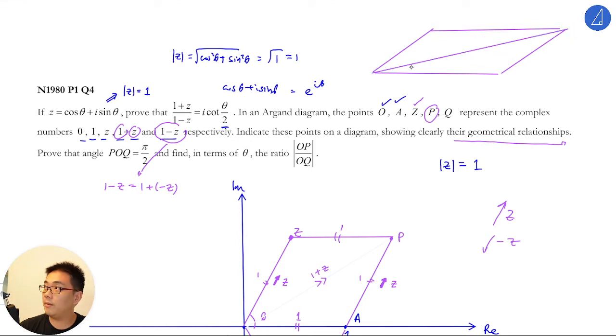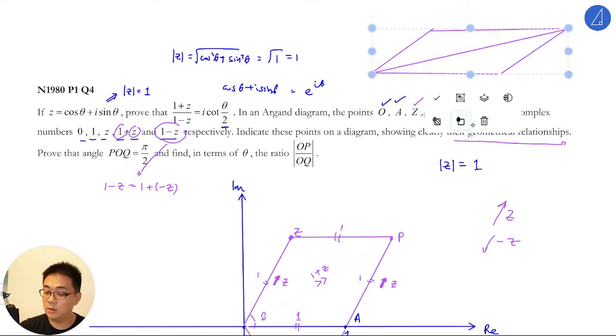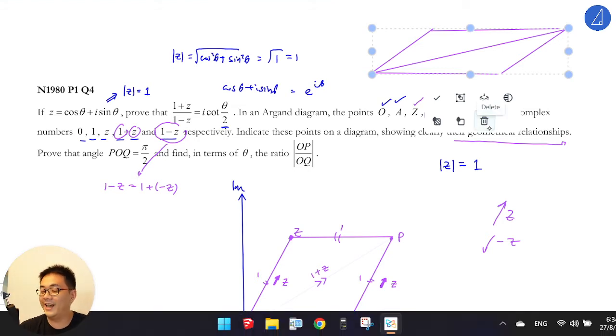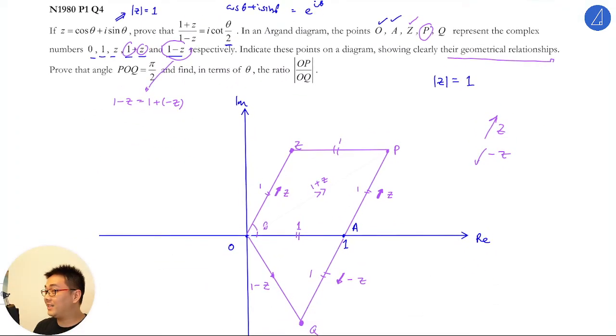Can you see it's not bisecting the interior angle? It will only do so when it's a rhombus. So just take note. If you can't tell that it's a rhombus, you're pretty much screwed. Make sure you understand that.